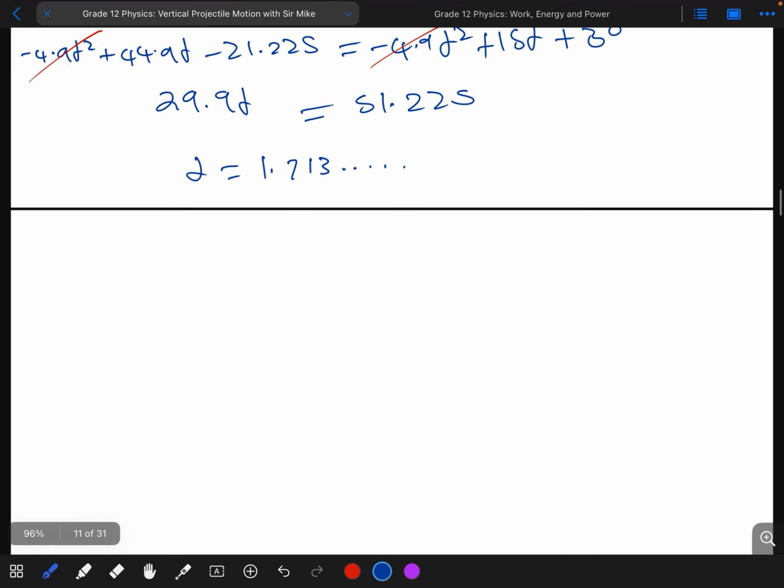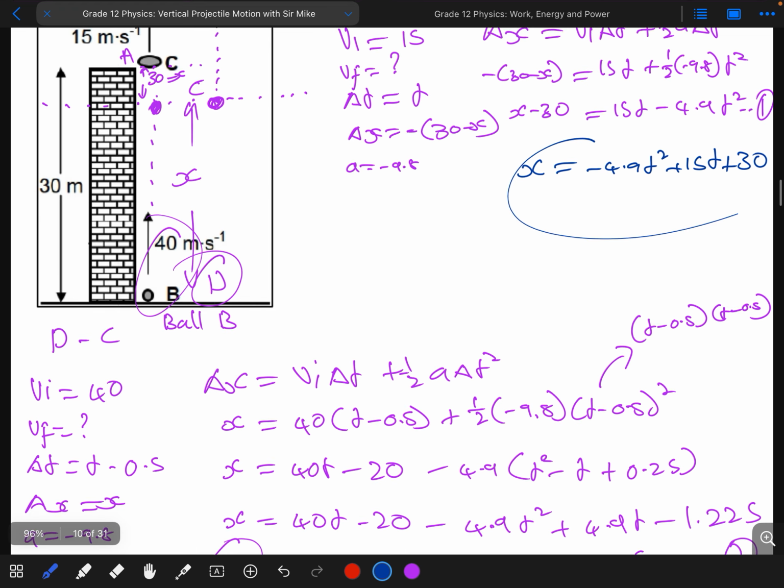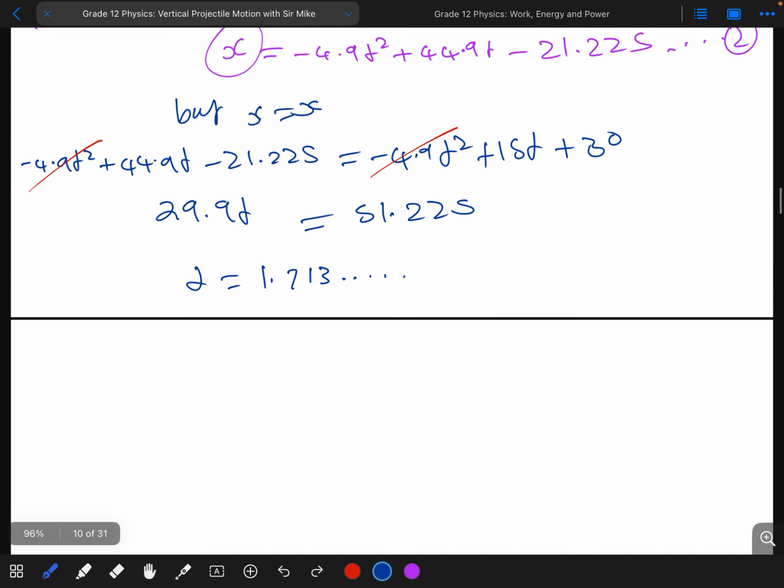So now that I found t, I'm simply going to take that first equation, so it looks a little bit simpler. I know that x is equal to negative 4.9t squared plus 15t plus 30.